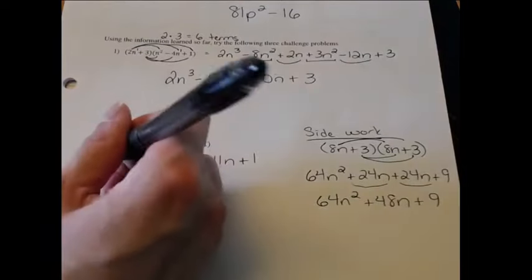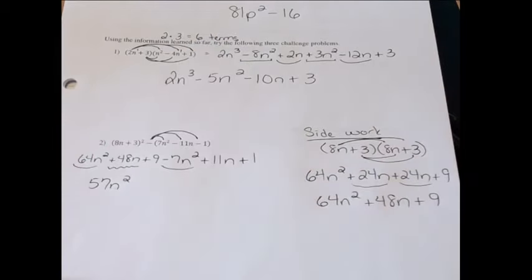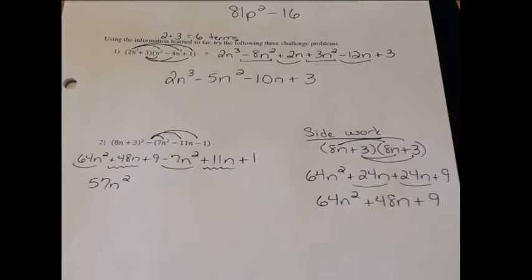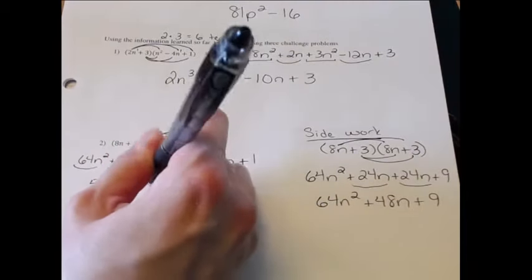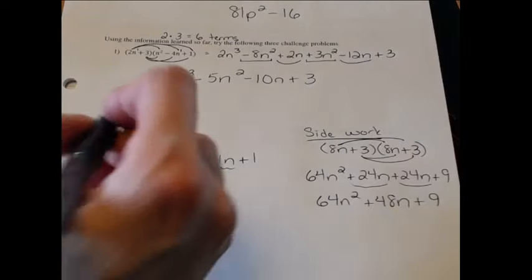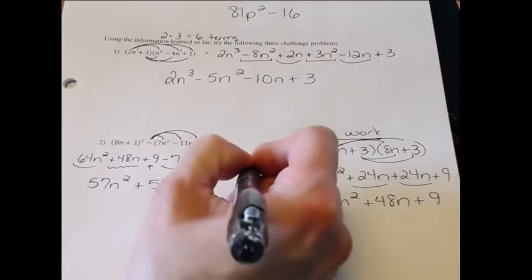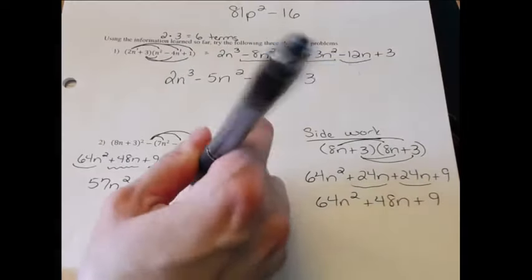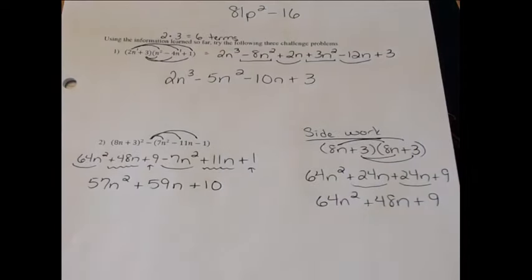Next, notice we have a positive 48n and a positive 11n. When we combine these, we get a positive 59n. And then last but not least, we have a positive 9 and a positive 1. Combining these two gives us a positive 10. And that is your answer.